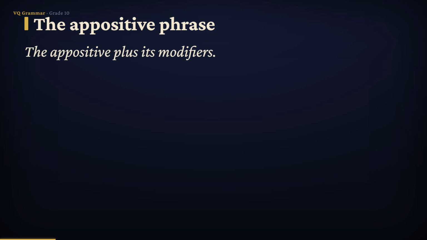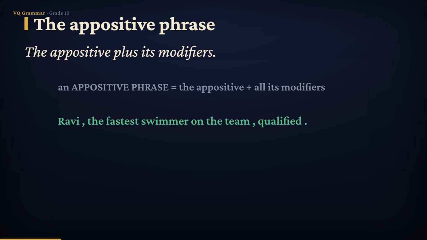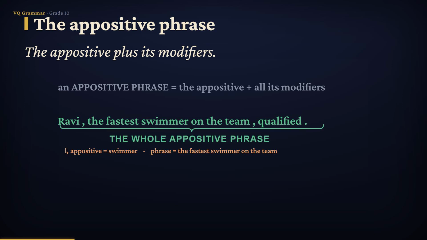Now let's stretch that idea, because most of the time, an appositive brings friends along. Look at this one. Ravi, the fastest swimmer on the team, qualified. The bare appositive there is the single noun swimmer. But swimmer is dressed up with modifiers, the and fastest and on the team. Put the appositive together with everything that modifies it, and you get an appositive phrase.